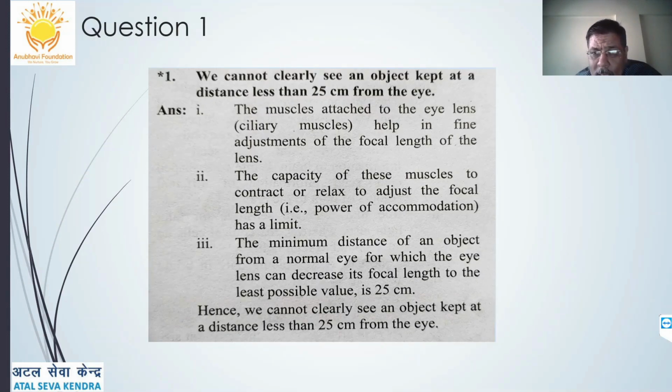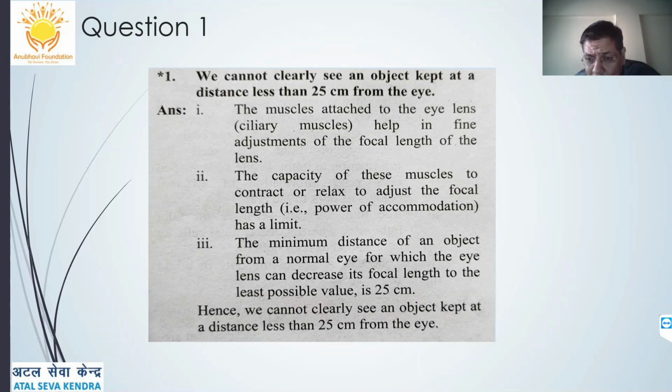So we cannot clearly see an object kept at a distance less than 25 centimeters. The muscles attached to the eye lens, the ciliary muscles, help in the fine adjustments of the focal length of the lens. So dear students, this is an important give reason. The capacity of these muscles to contract or relax to adjust the focal length has a limit.